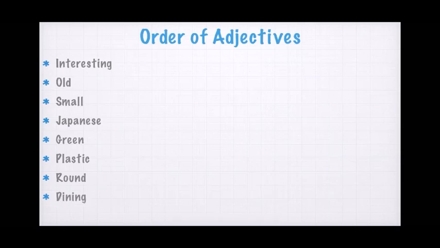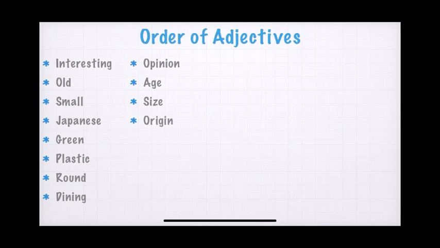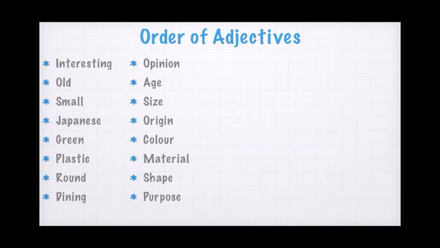These are all adjectives. Now what do these words stand for, or what do they mean? Interesting is used to show opinion. Old, age. Small, size. Japanese, origin. Green, color. Plastic, material. Round, shape. Dining, purpose. So if we have to arrange all these adjectives in a sequence, which adjective do you think will come first?